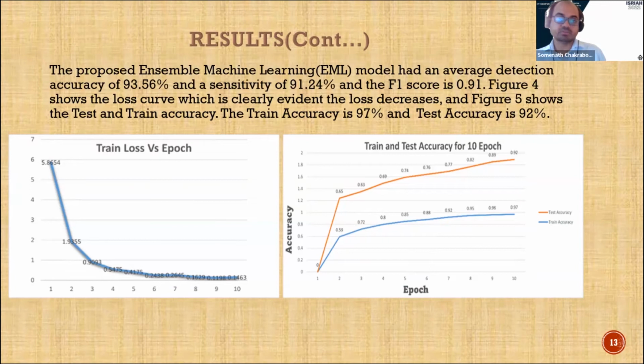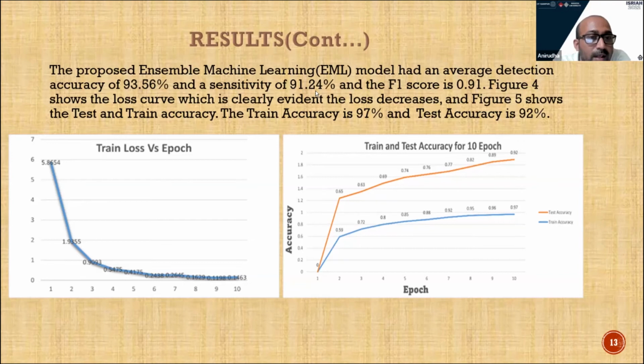You can understand how defective that is, even with the new Delta and Omicron variants, which have T spike protein mutations that cannot be detected by the RT-PCR kit. But I'm glad to state that this model also has the Delta and Omicron variants embedded, and it has an accuracy of 93.56% with sensitivity of 91.24%.